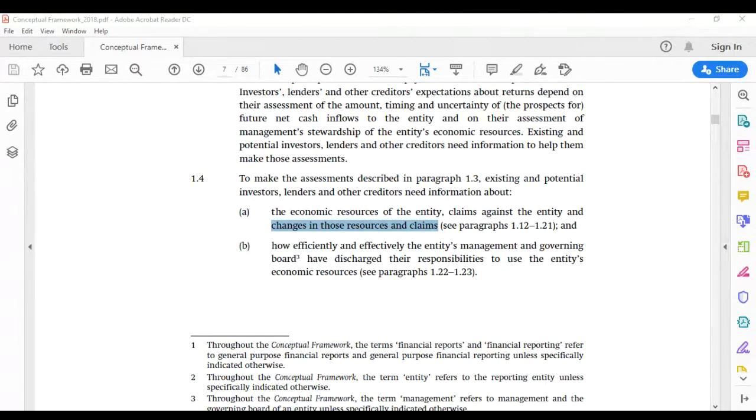So do we have a statement already that we've discussed that we can disclose those items that change your resources and the claims against resources, but do not have to do with your trading activities? There we go. Thank you, Marcy. That was quick. Yes, your statement of changes in equity, right?